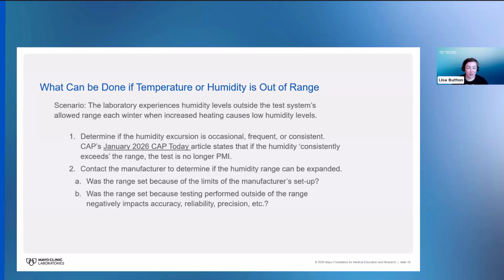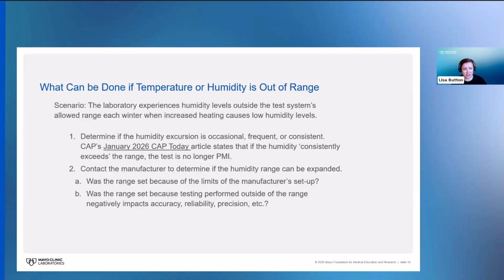We did do that. There were a few instruments from one specific company where they said, yes, we can actually expand that range. And then they gave us a technical bulletin that indicated that, because obviously they're not going to print a new or create a new owner's manual for us. But they did give us a technical bulletin that gave us that expanded range.